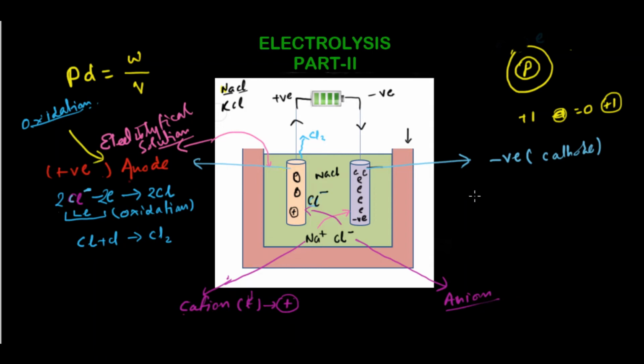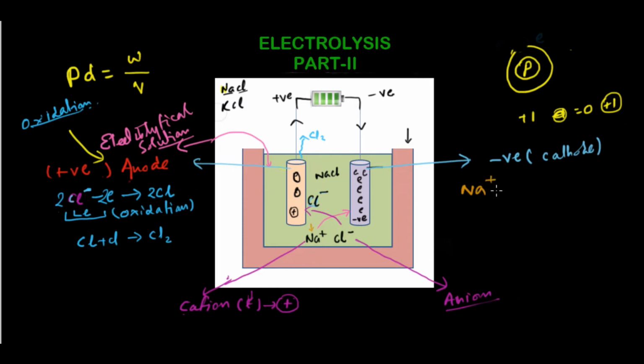Now let's see what is happening at the cathode side. This is the cation, Na+, which is positively charged and will be attracted towards the negative cathode. So it will start drifting towards the cathode. Remember, the cathode has a huge number of electrons, and Na+ does not have an electron.